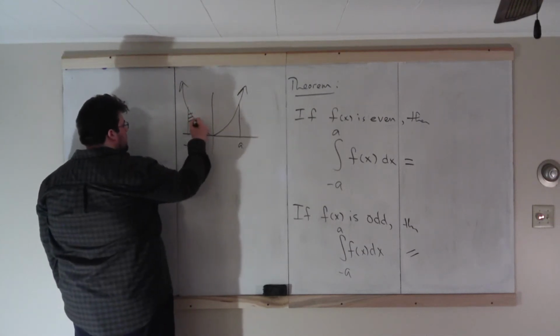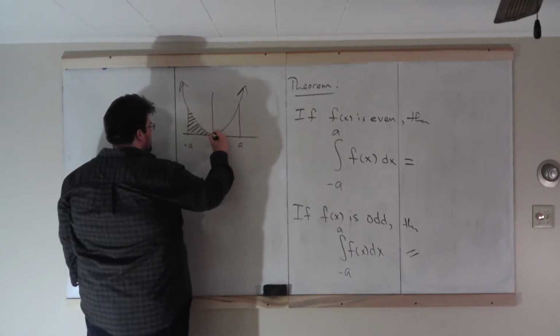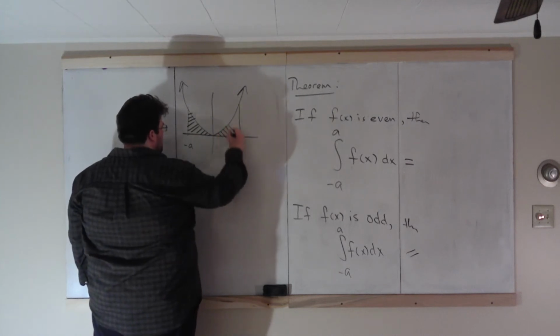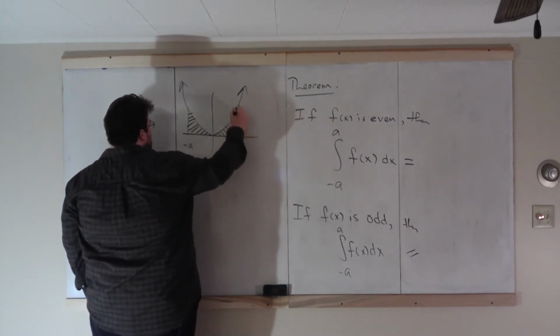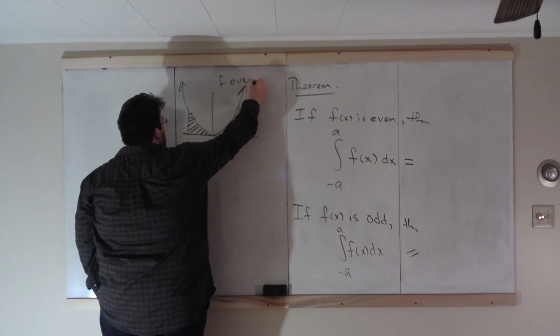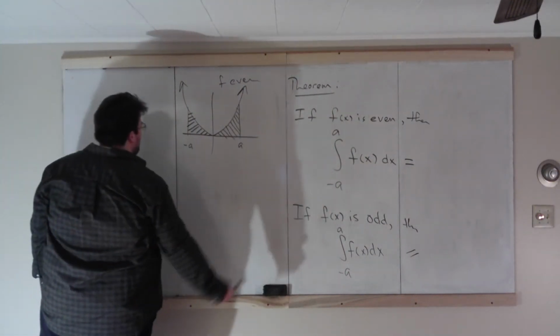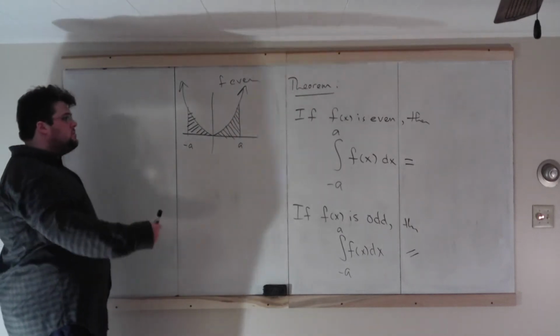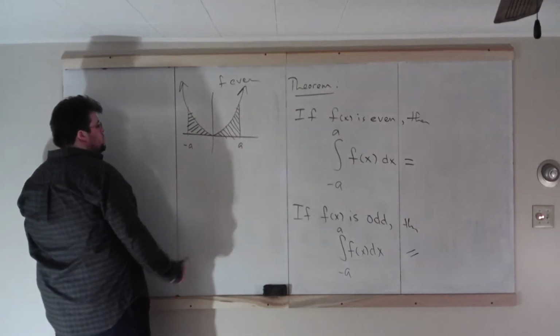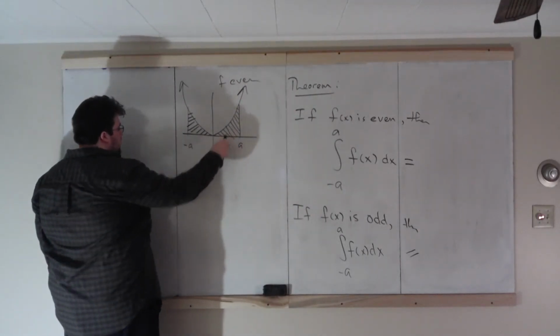The integral from negative a to a takes this area and adds it to this area. But this is symmetric about the y-axis, so this area equals this area.